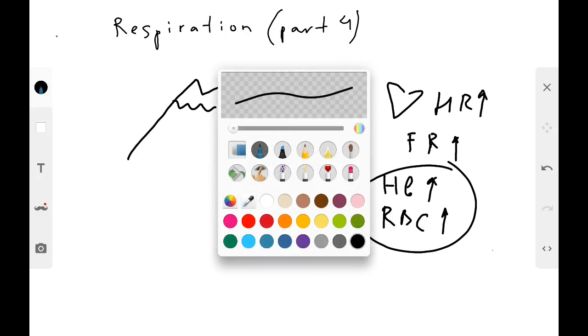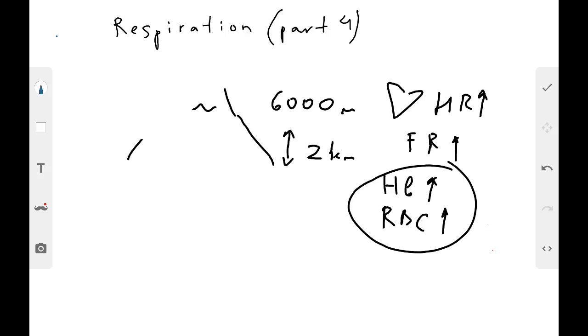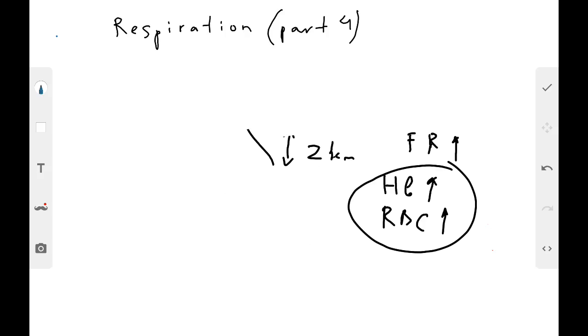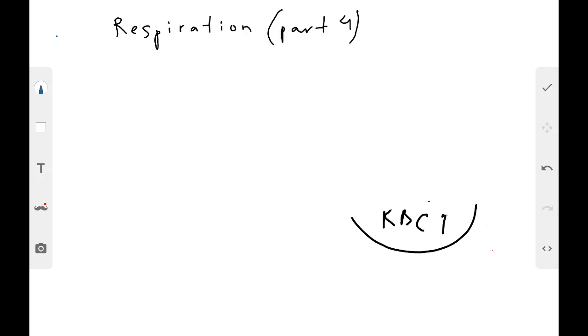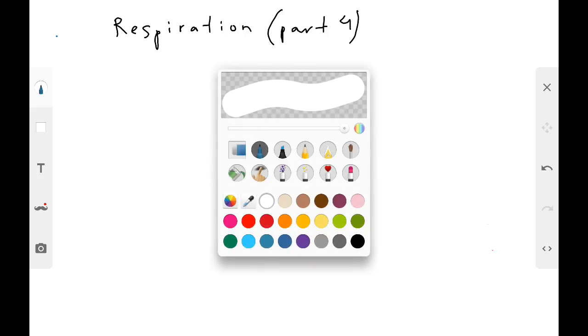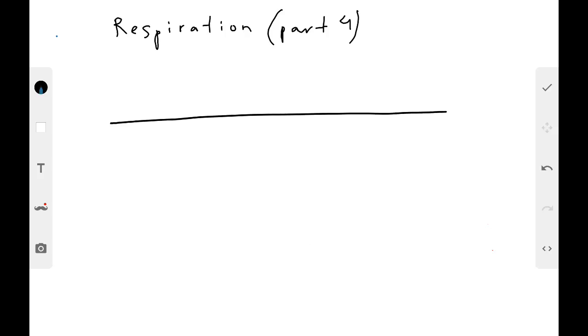Okay, and now let's speak about the high pressure of air. It may happen during diving. When people reach depth, for each 10 meters of water, they add 1 atmosphere, 1 atm.